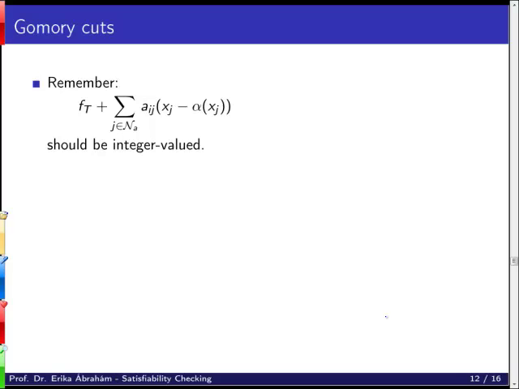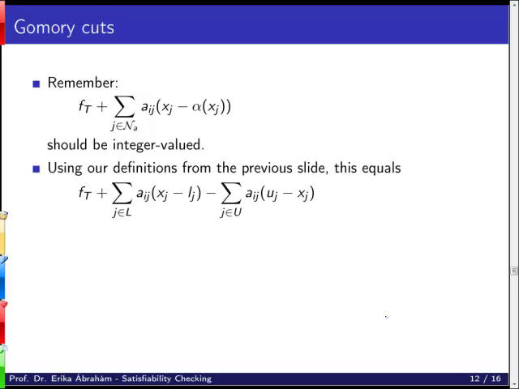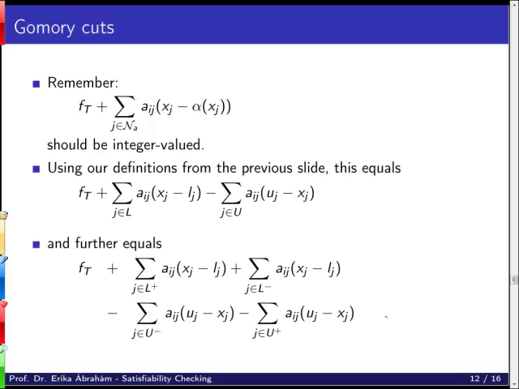The terms in this sum group accordingly. So what I will get is the fractional part of the left-hand side, and then this sum is split up into these 4 components where the variable has a lower or an upper bound and a positive or a negative coefficient.